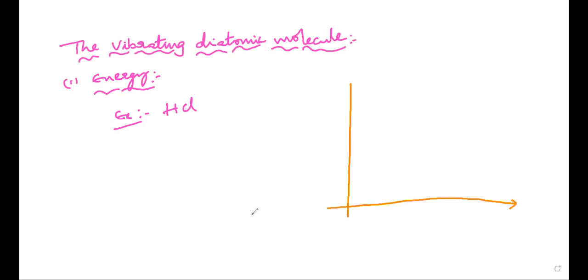So this is internuclear distance. So this is energy.